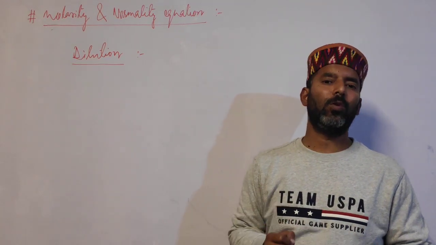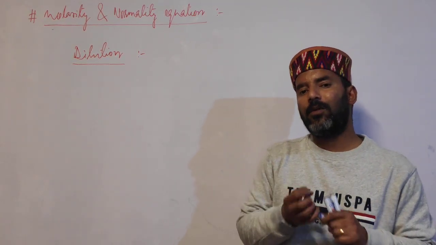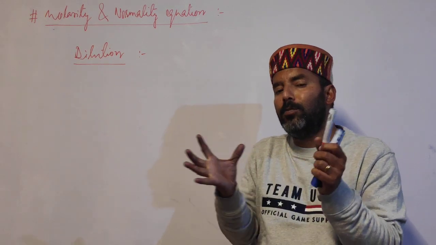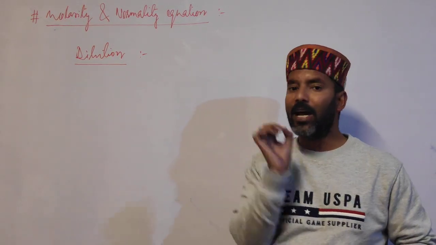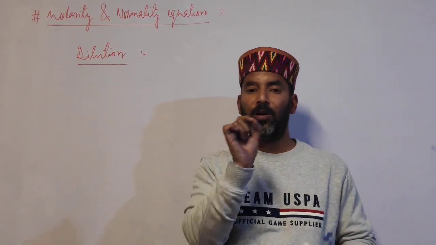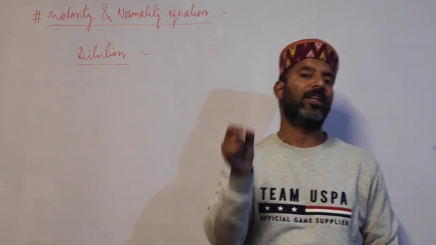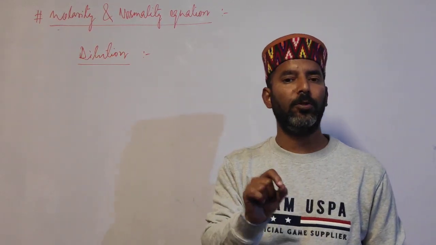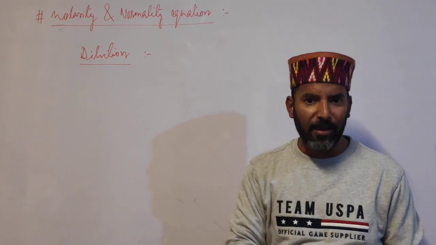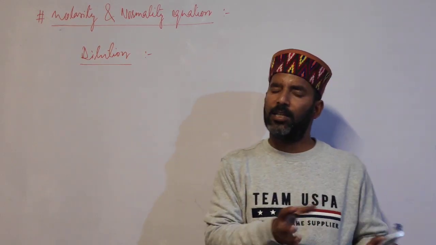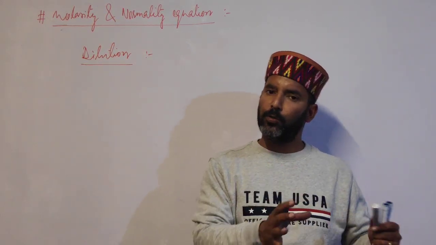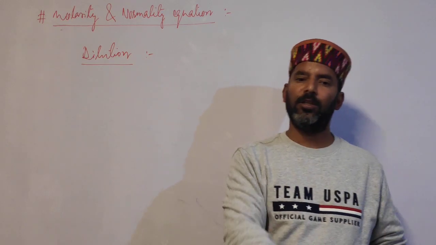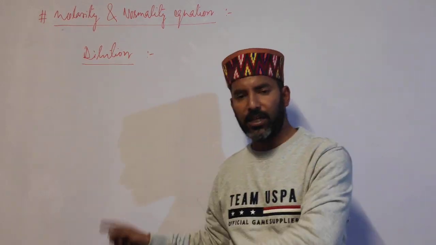But dilution का मतलब है आपने सिर्फ solution का volume बढ़ा दिया है. Upon dilution, students, remember number of moles or number of gram equivalents of solute remain the same. Means जितने moles solute के या जितने gram equivalents solute के before dilution थे, after dilution भी उतने ही रहेंगे.